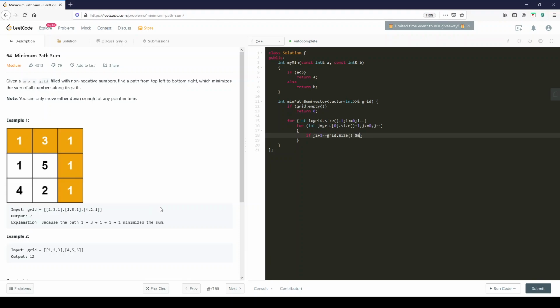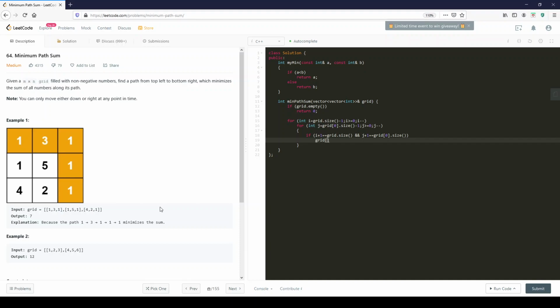And j plus 1 equals grid[0].size, that means we have nothing to play with, and so we do nothing. So let's just assign it to itself.